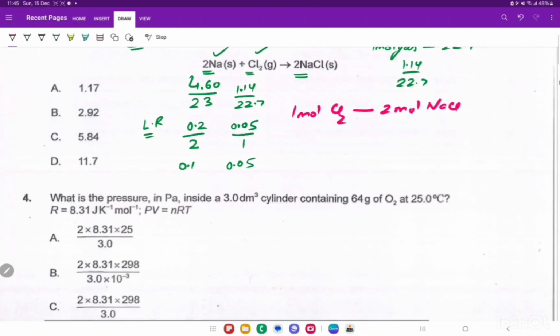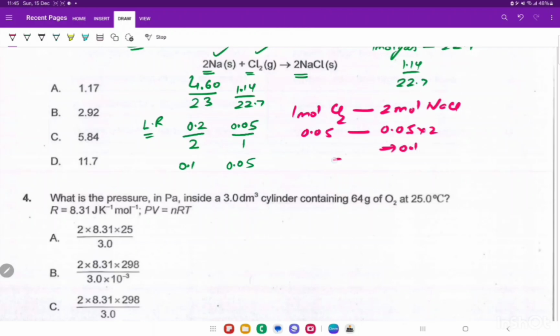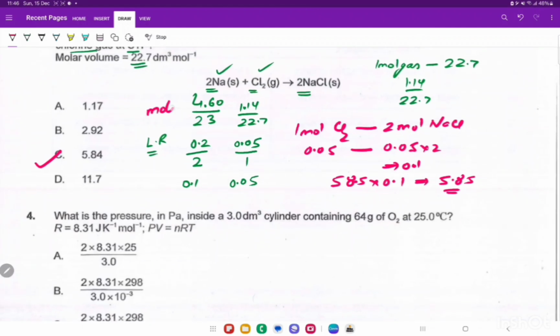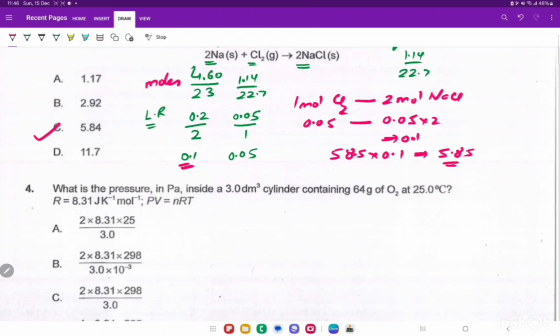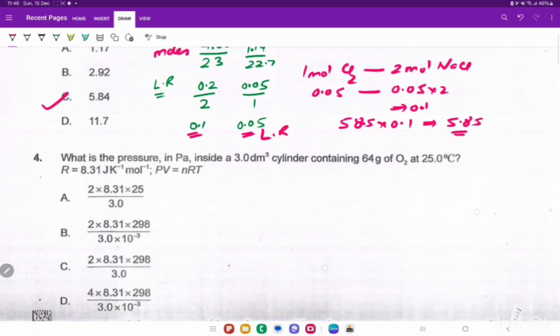Thus 0.05 will give 0.05 into 2, that is 0.1 mole of NaCl. The molar mass of NaCl is 58.5, therefore the mass is 58.5 into 0.1, which is 5.85 approximately. That is the mass of NaCl produced. The answer is C. First I find the moles, then the LR, and by using the moles of LR, I find the moles of NaCl produced.